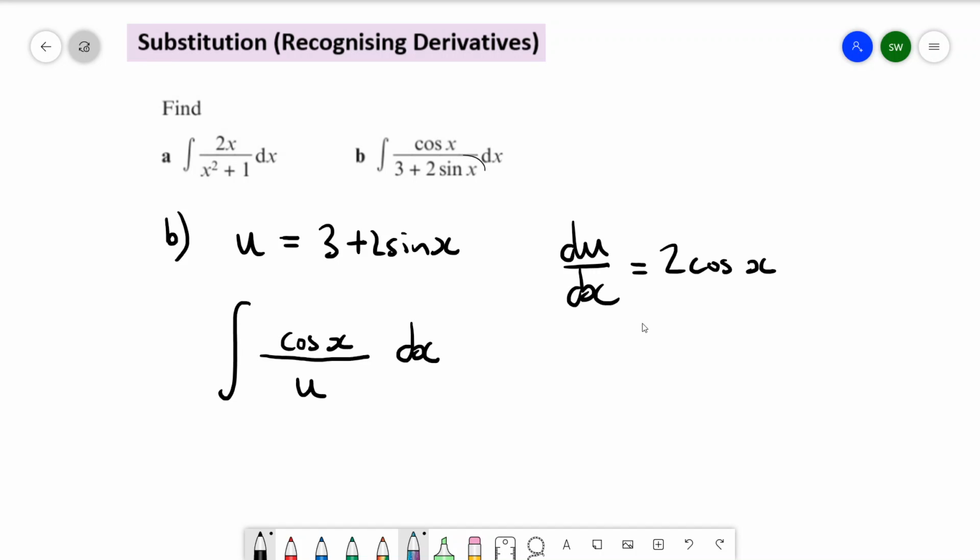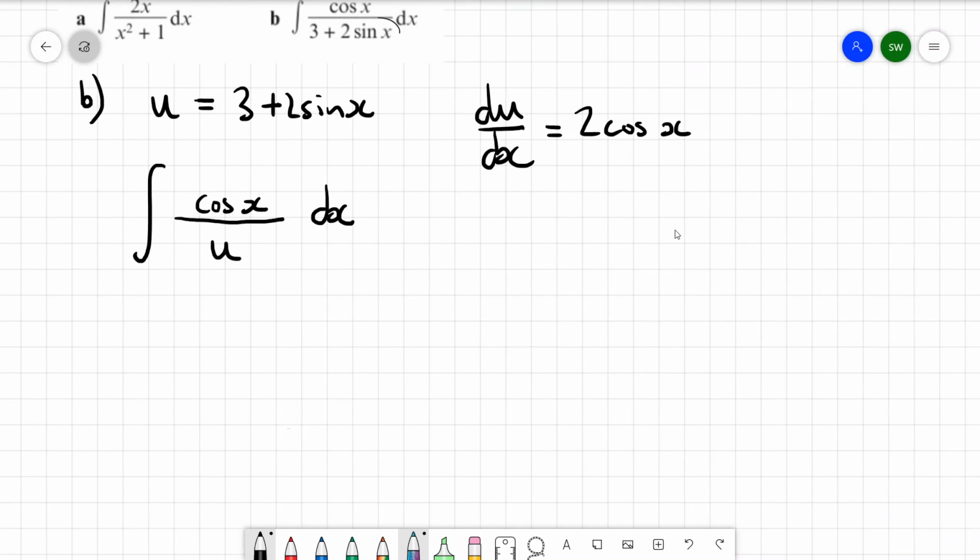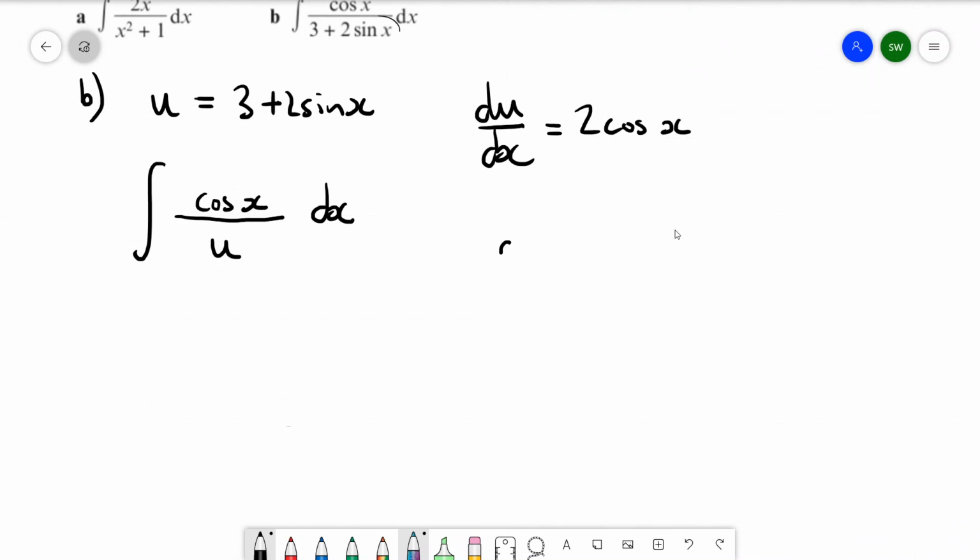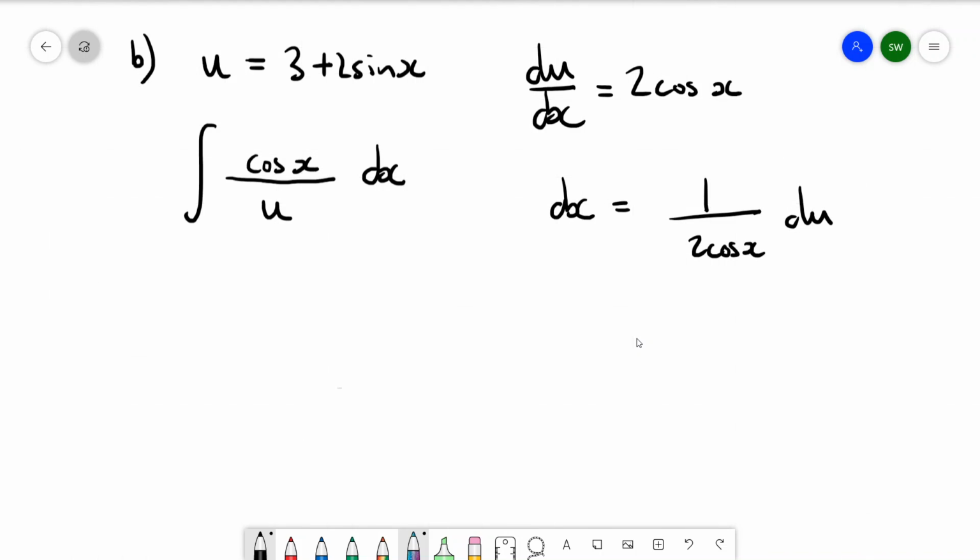Careful, we're differentiating now, so sine x differentiates to cos x. So if I rearrange this, I find that dx is equal to 1 over 2 cos x du. And 2 cos x comes from the derivative of u. So we're effectively dividing by the derivative of u.